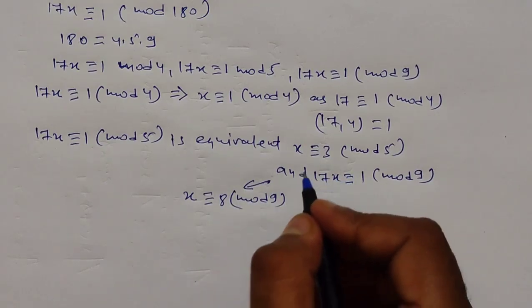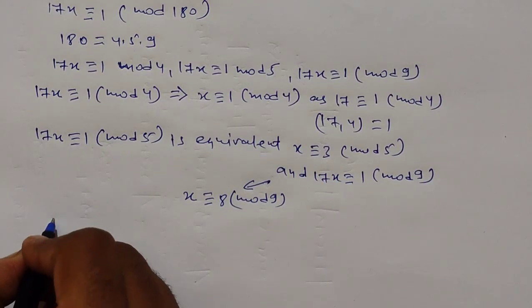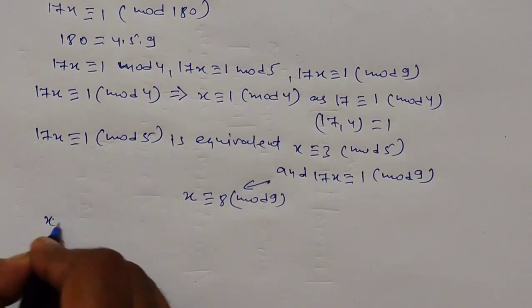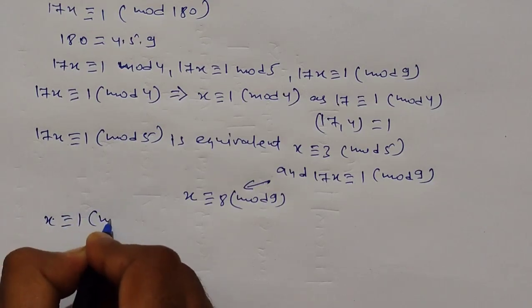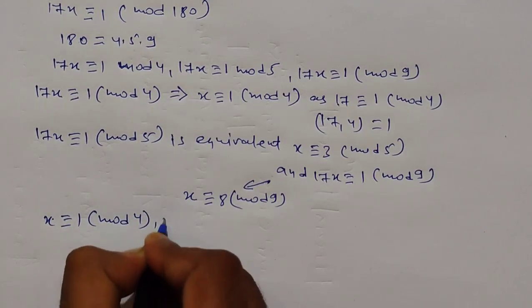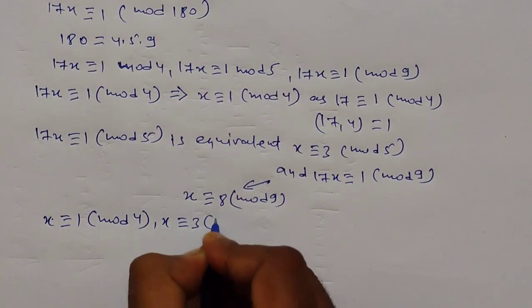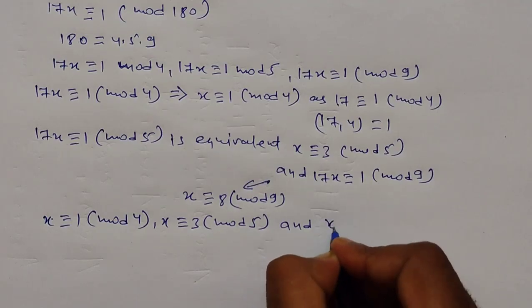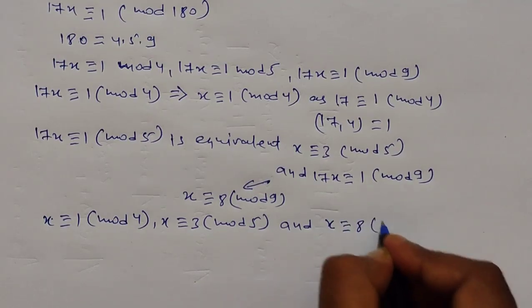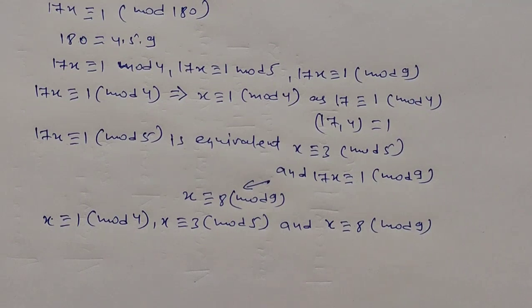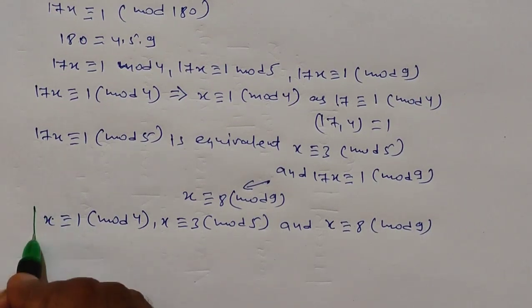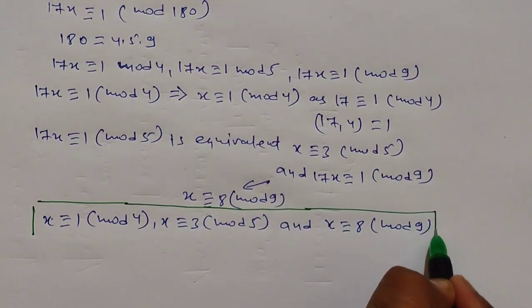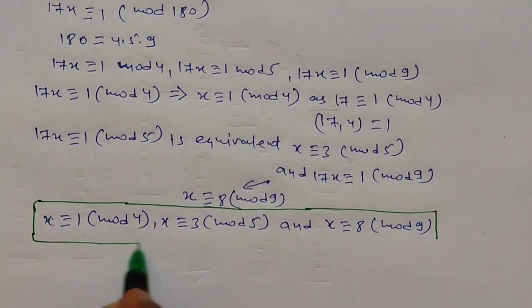The system reduces like this: if we conclude all the results, then x is congruent to 1 mod 4, x is congruent to 3 mod 5, and x is congruent to 8 modulo 9. So this is the important relation we have.